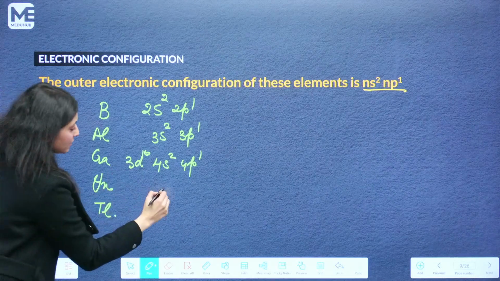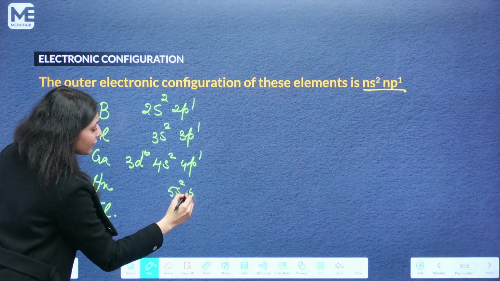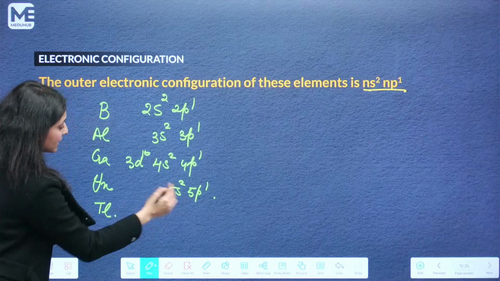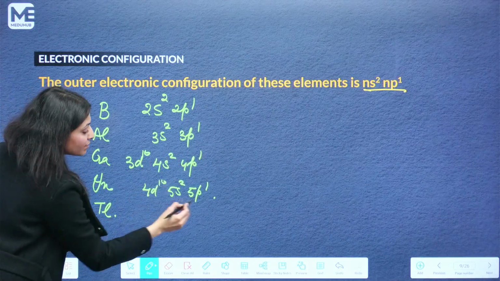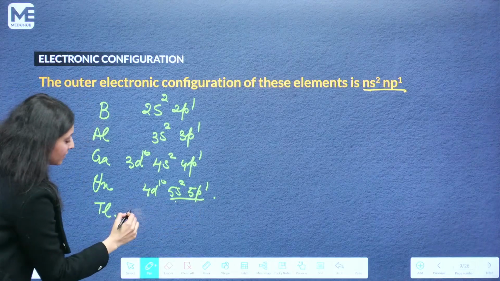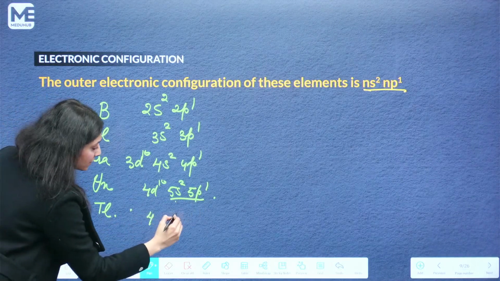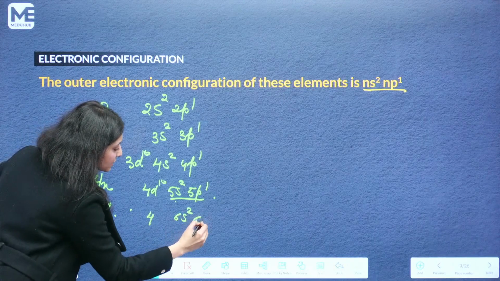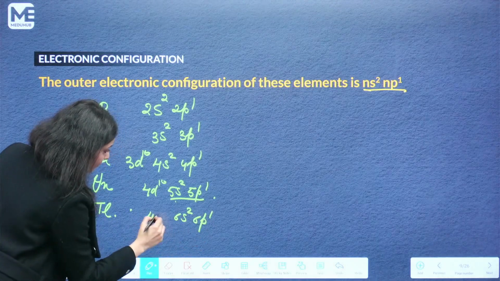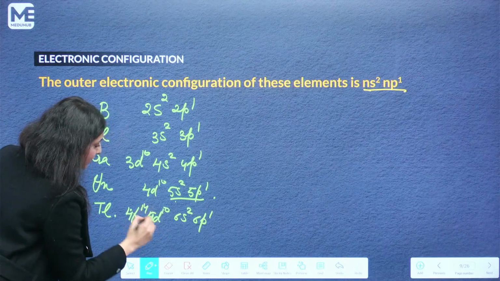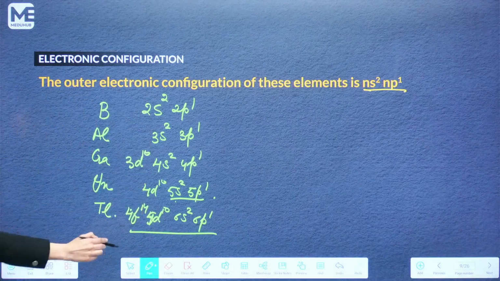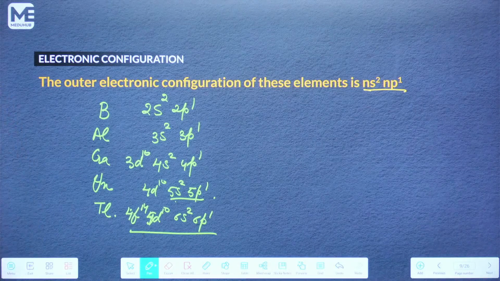All right, this is 5s2 5p1. Because it comes after the 4d elements, it has 4d10 electrons before this valence shell, and here we have 6s2 6p1, and we have 5d10 and 4f14 electrons also. So these are the electronic configurations of these elements. All right.